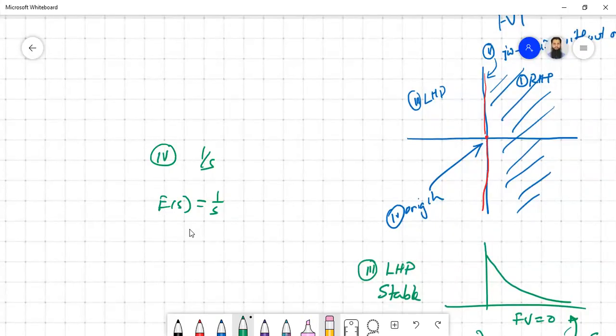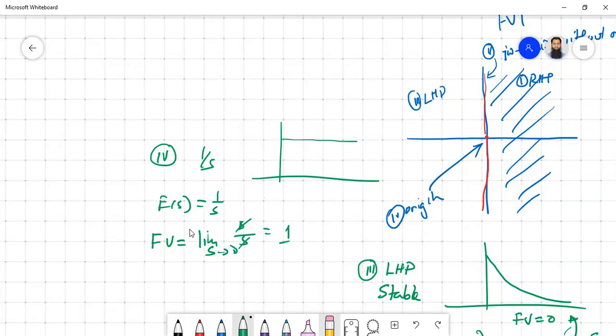The final value is limit s tends to 0 of s by s, so this is basically 1. For an integrator, or pole at the origin, we get something like this. The response is always going to get closer to 1.